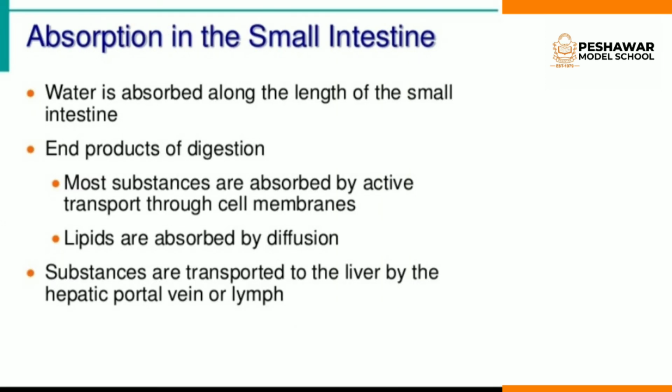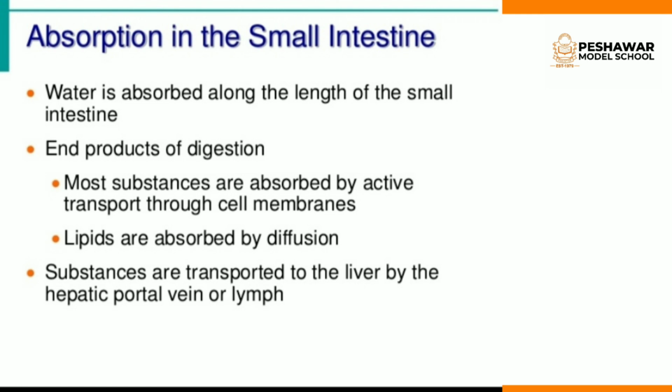Now which type of food is absorbed in the small intestine? You know, water is absorbed along the length of the small intestine, and the end products of digestion, that means glucose, amino acids, fatty acids, and glycerol, these smaller units, these small molecules, are absorbed by the small intestine.